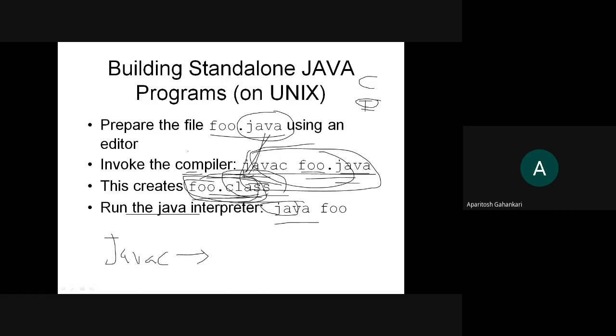So the compilation process is done with the help of javac, and the interpretation process is done with the help of the command java. So it is a two-step process. First step, you will be compiling your program, and then you are interpreting the program. That is how your Java program will get executed.